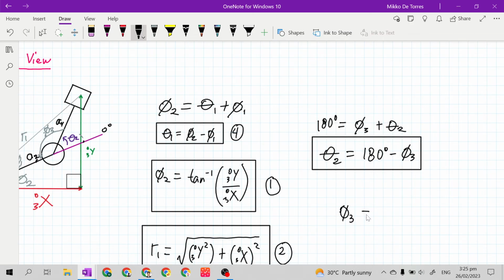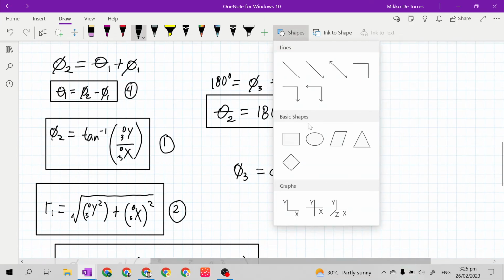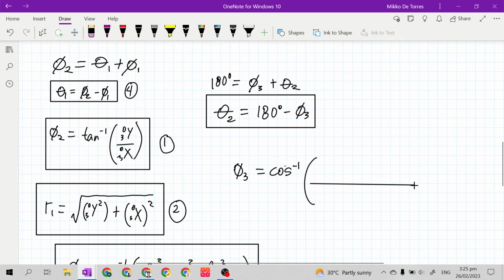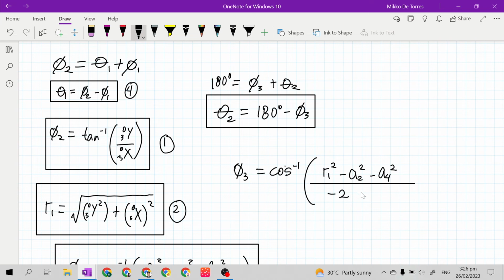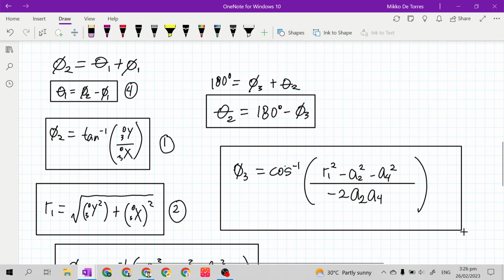Phi 3 is equal to inverse cosine of R sub 1 squared minus A2 squared minus A sub 4 squared, over negative 2 times our other given sides. We will use this to solve for phi 3.